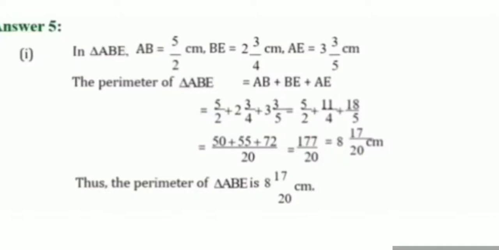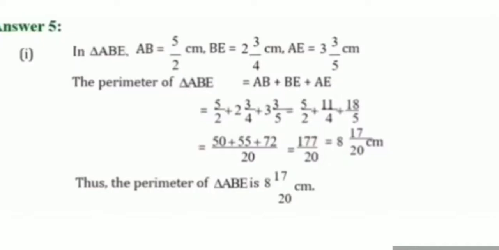Okay. So first convert into like fractions. So 5 upon 2 plus 4 2s are 8, 8 plus 3 is 11 upon 4, plus 5 3s are 15 plus 3 is what? 18 upon 5. So now you can see here all the denominators are different. So we will find the LCM and the LCM is 20. Okay.